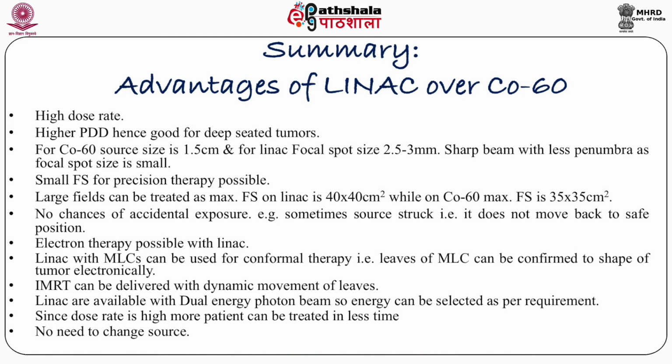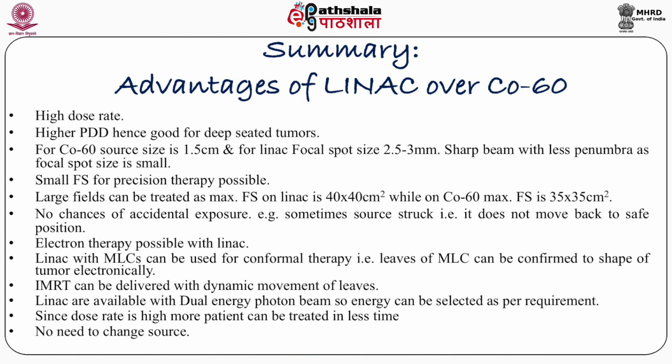It does not go back to a safe position. Such a situation does not arise in LINAC because there is no natural source or artificial source inside. Once we switch on the machine, radiation starts coming out, and as we switch off the machine, radiation will stop.